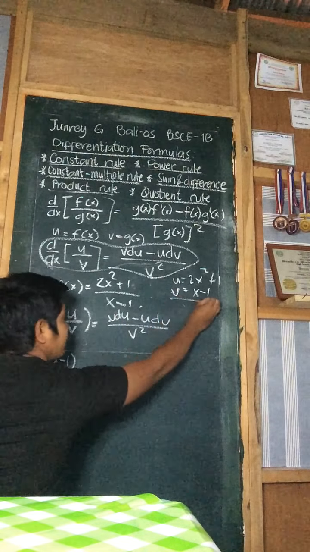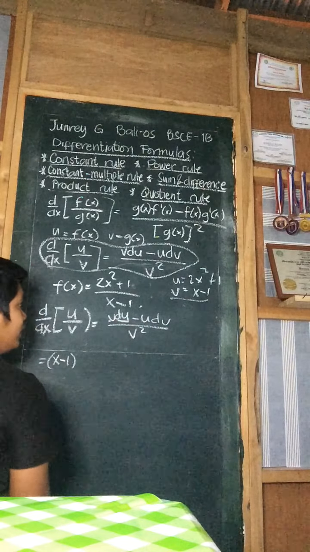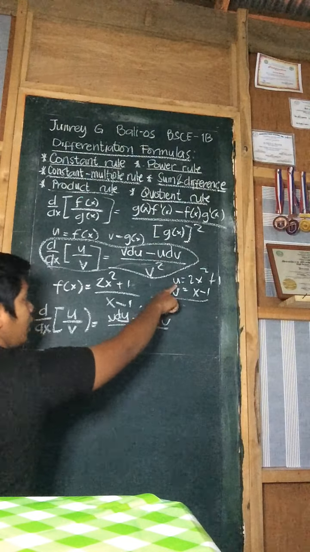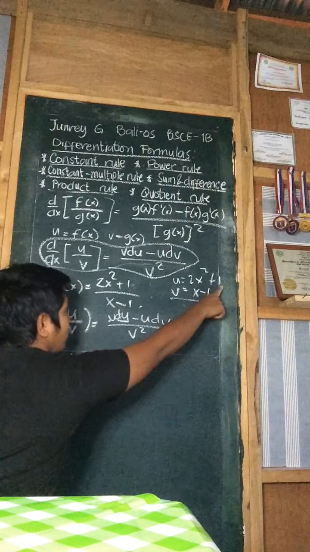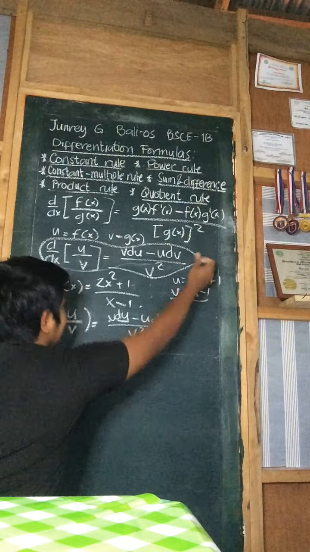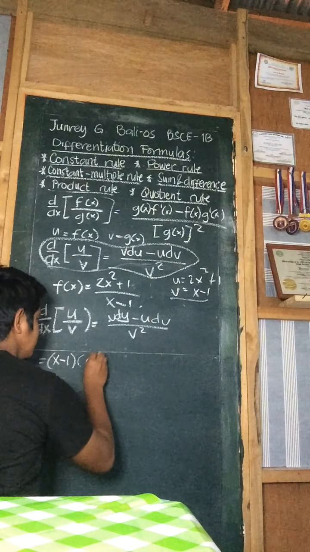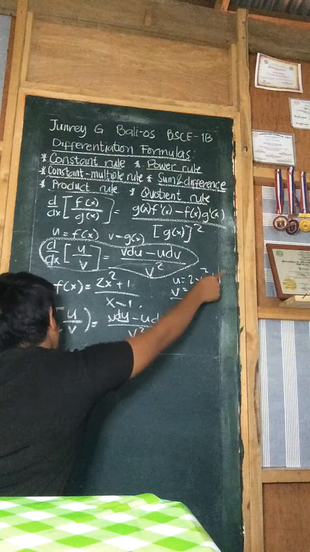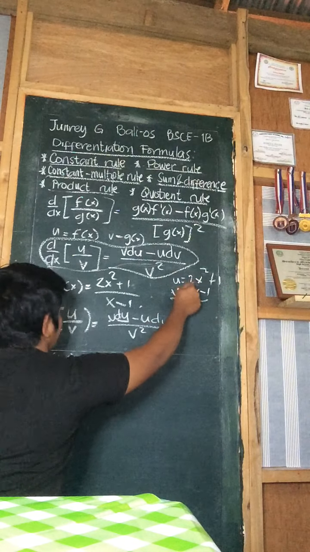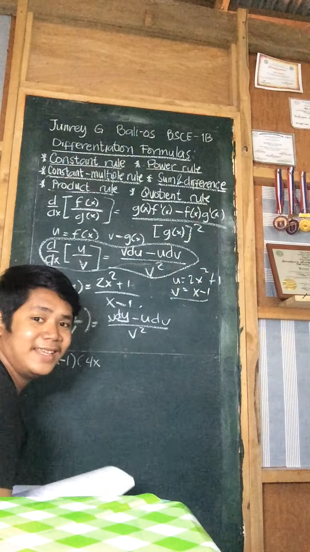Then du is the derivative of u, the derivative of 2x squared plus 1. So the derivative of that is, itong 1 magiging 0, then 2x squared magiging 4x. Kasi 2 times 2 is 4, then 2 minus 1 is 1. So 4x. Just that easy.